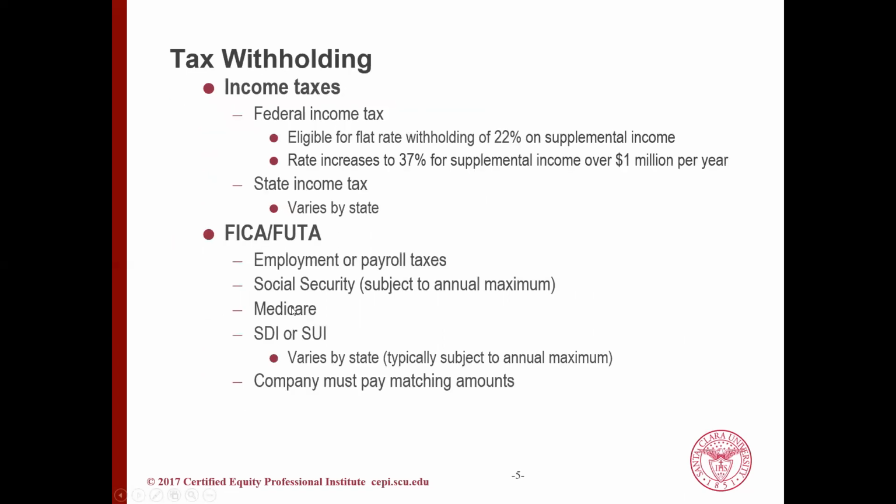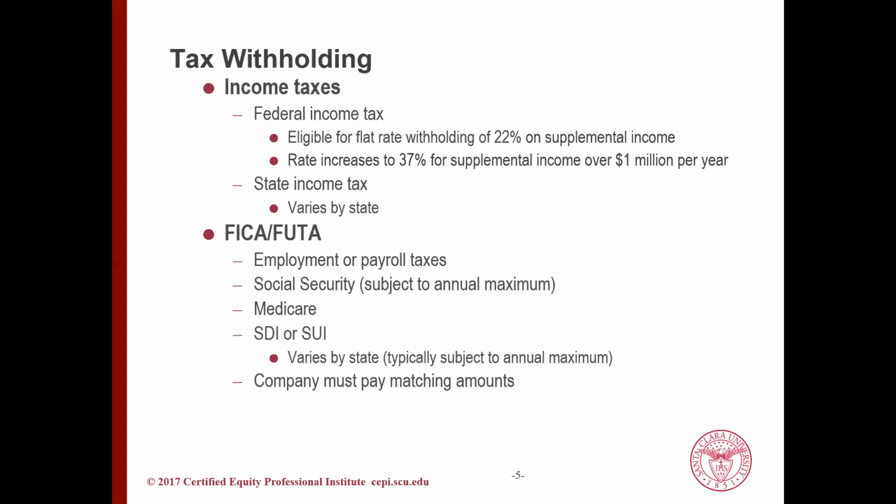What types of taxes are subject to withholding by the employer? We're all familiar with income taxes, both at the federal and state levels. As we mentioned earlier, the spread or gain on non-qualified stock option exercises is treated as supplemental wages for tax withholding purposes.